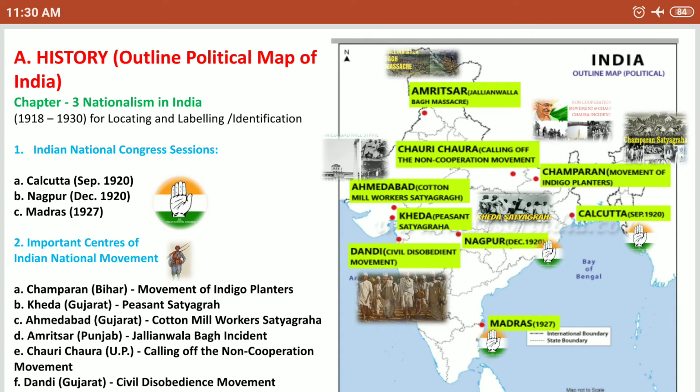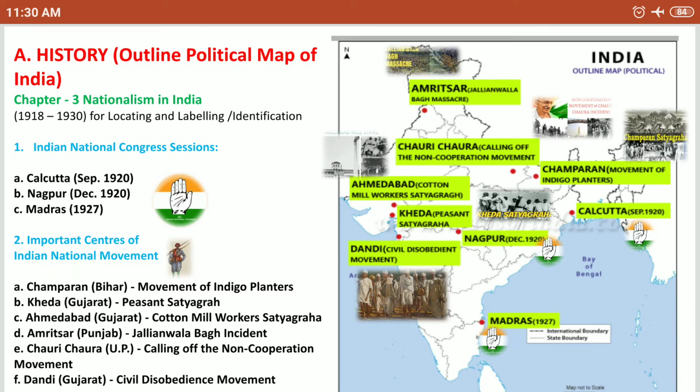In identification, you identify which place is already marked in the map, where some hint or information is given.